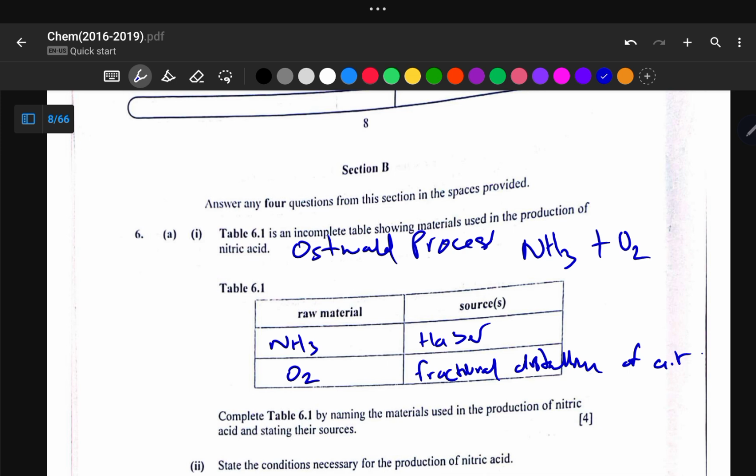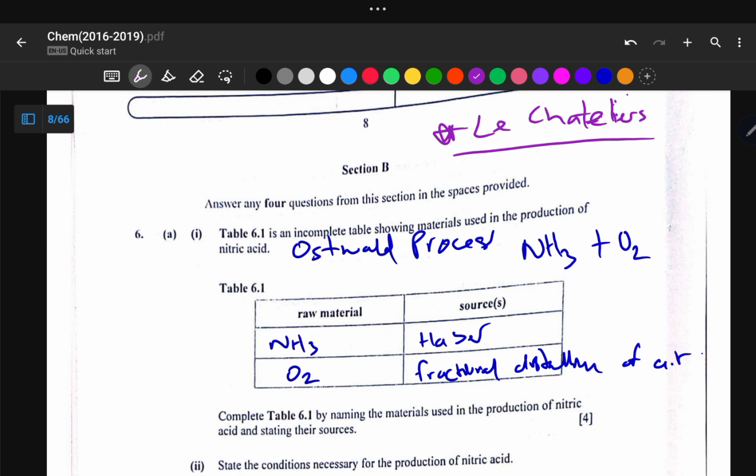You should know Le Chatelier's principle, right?